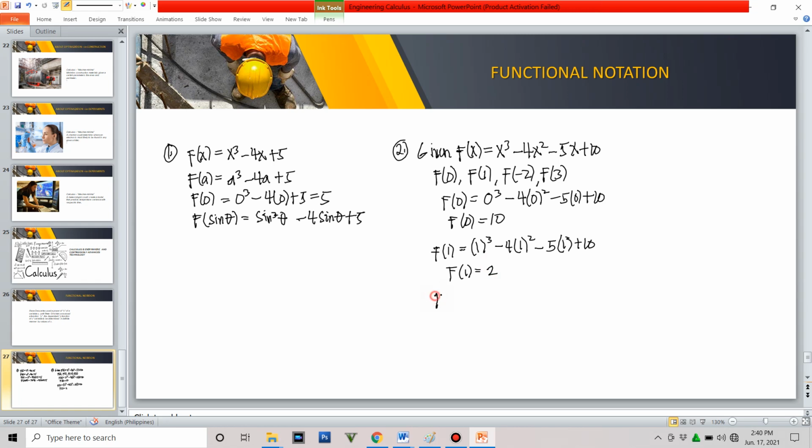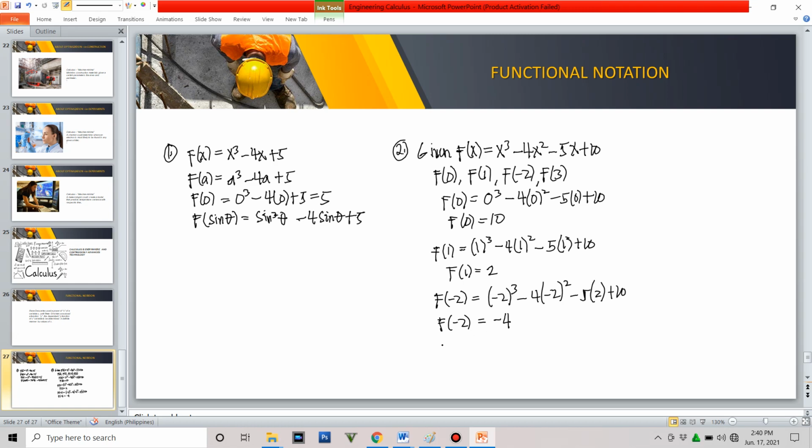And then for f(-2), we have -2 cubed minus 4 times -2 squared minus 5 times -2 plus 10. We have f(-2) will be equal to -4.